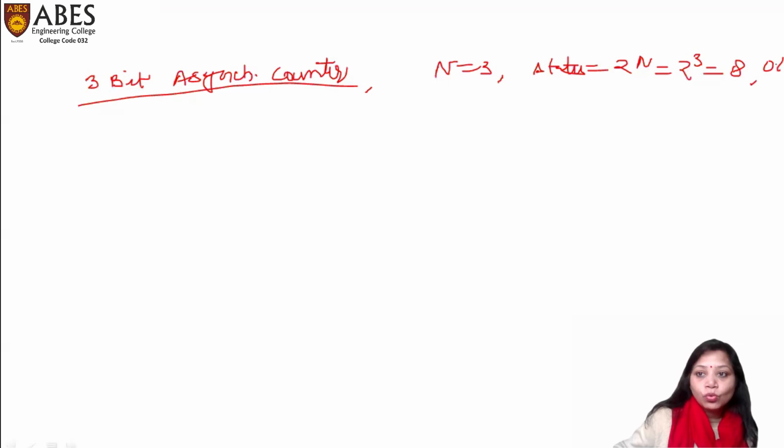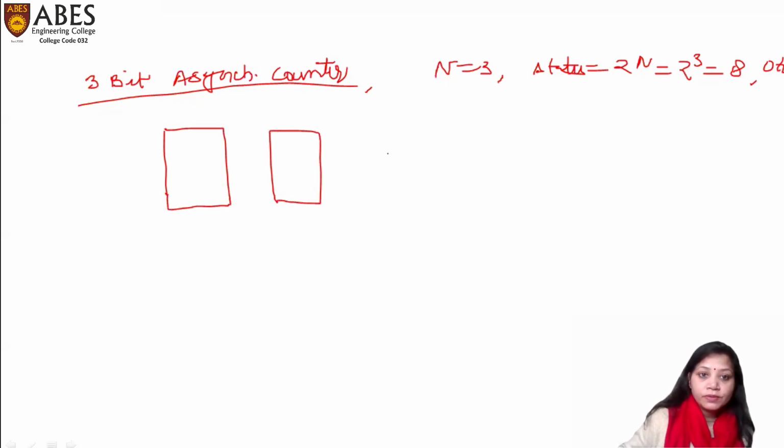That means 0 to 7. So a 3-bit asynchronous counter counts the total 8 states. So in a 3-bit asynchronous counter, we require 3 flip-flops. 3-bit means 3 flip-flops.